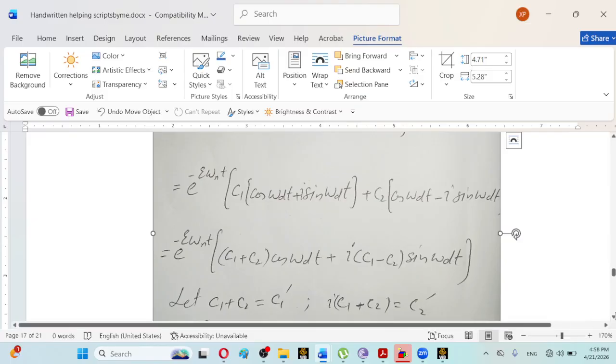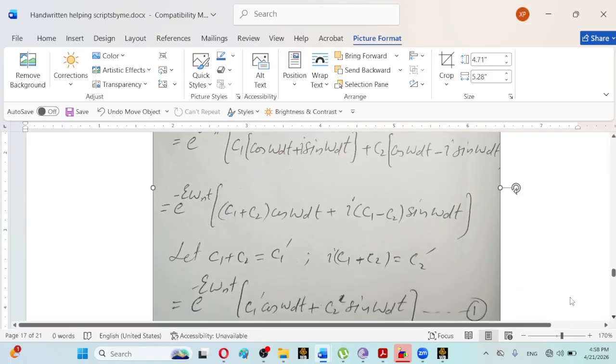And here we can introduce two new terms, as we had done in the first portion of this chapter in the undamped oscillation: let C1 plus C2 be equal to C1 dash. In the start of the chapter, there were A1 plus A2 and A dash, so here the author has used a different arbitrary constant.